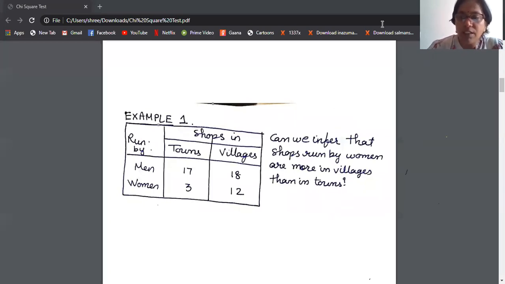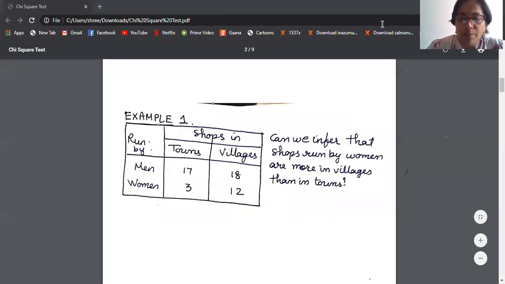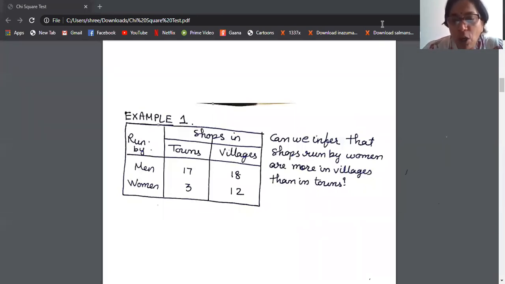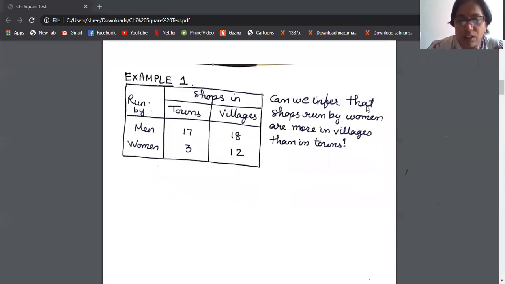The question says, can we infer that the shops run by women are more in the villages than in towns? In short, we just have to find out whether there is any difference between the ownership or running of the shops by men and women in towns and villages. So this is the question.